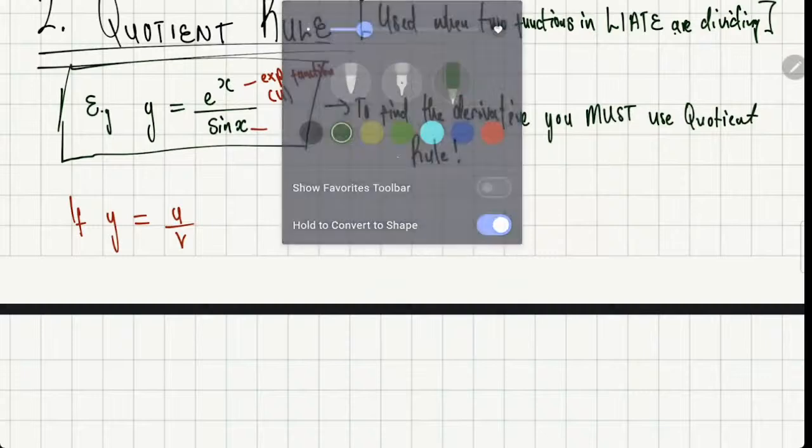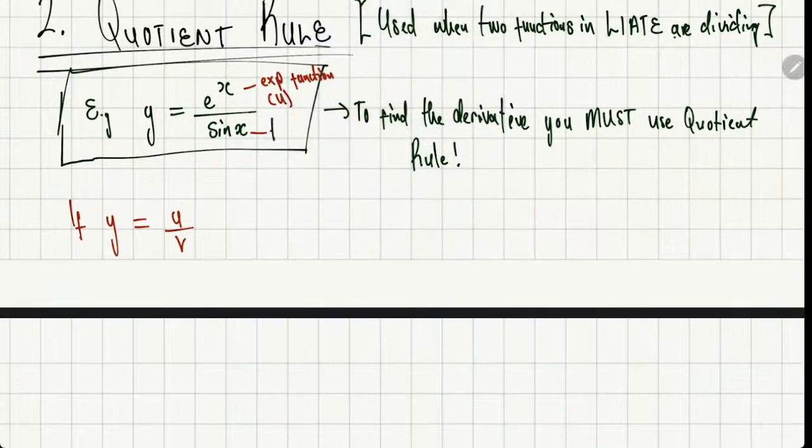Sine x is on our list, trig function, which makes it the v. So we have a function divided by another function. The only way to differentiate it is to use y is u over v.